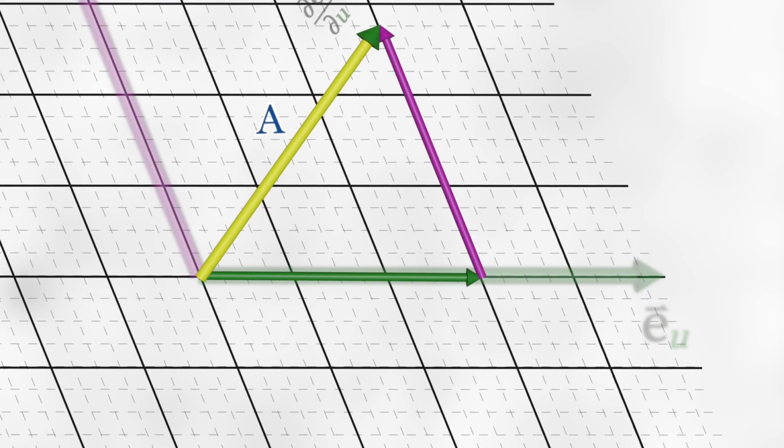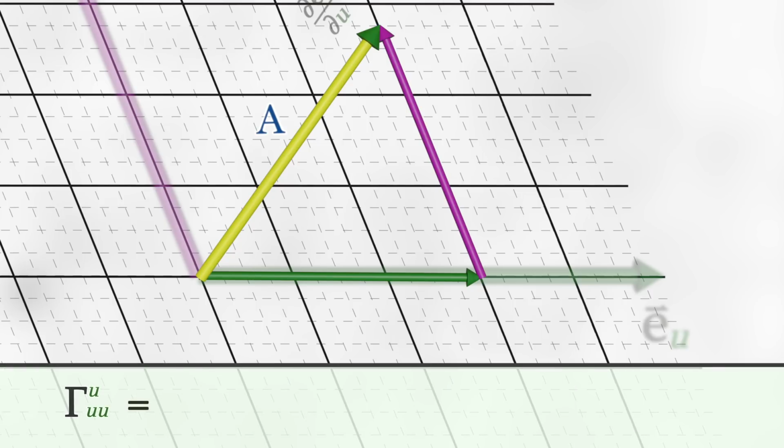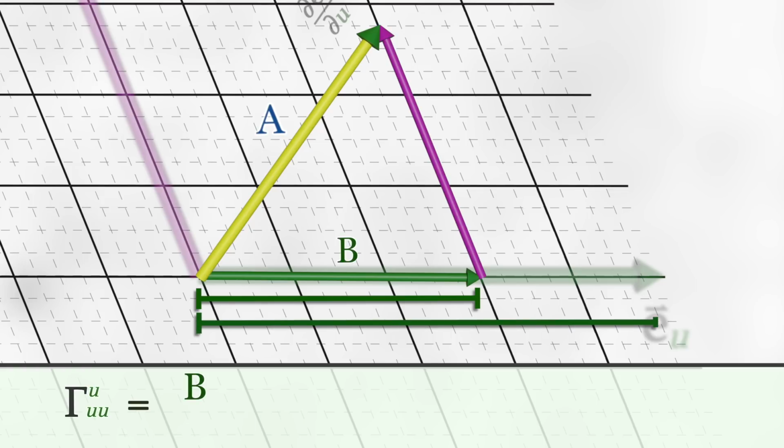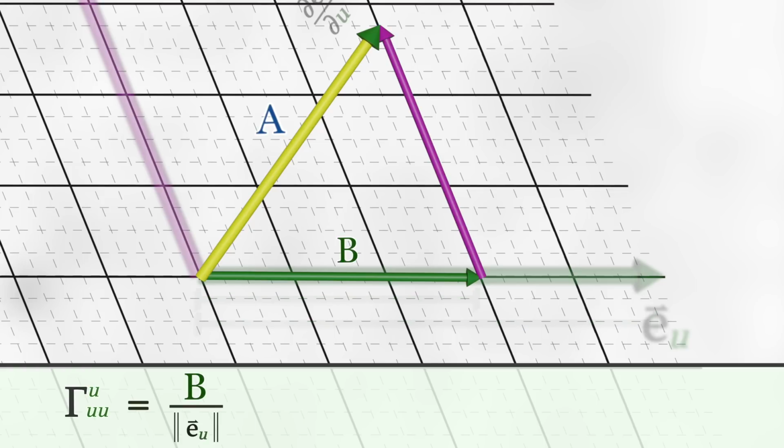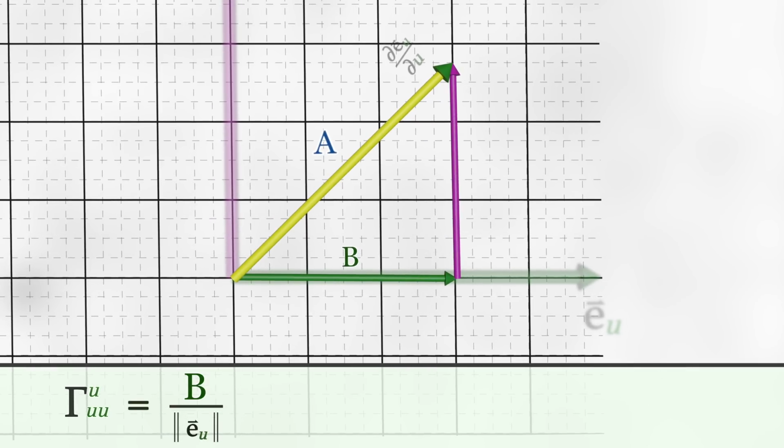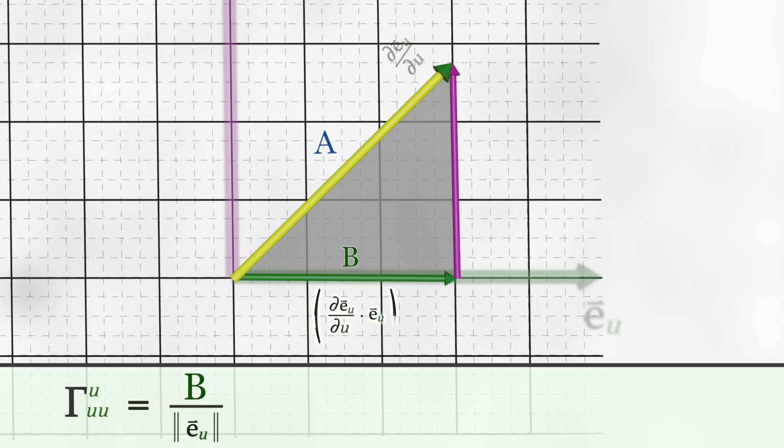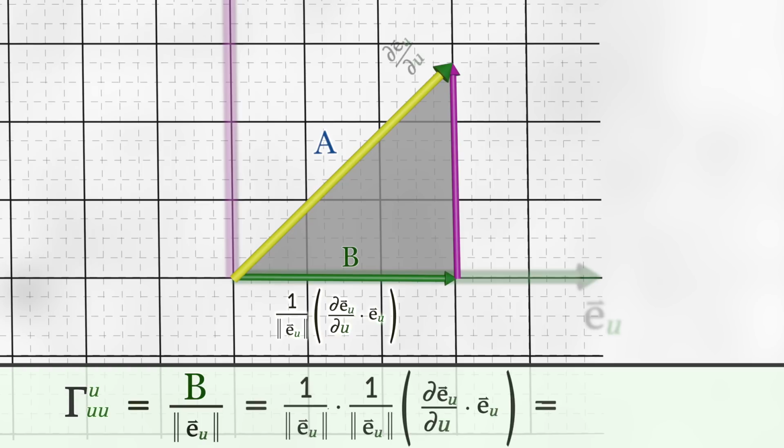Now, if we want to solve for, say, gamma UUU, the key is to remember that its value is simply the length of this component, which we'll label b, over the length of the Eu basis vector. Now, if our bases were perpendicular, then this length b would simply be the projection of the derivative vector onto the Eu basis, or dEu/du dot Eu over the magnitude of Eu, which leads us directly to the formula for gamma UUU obtained in the last video.